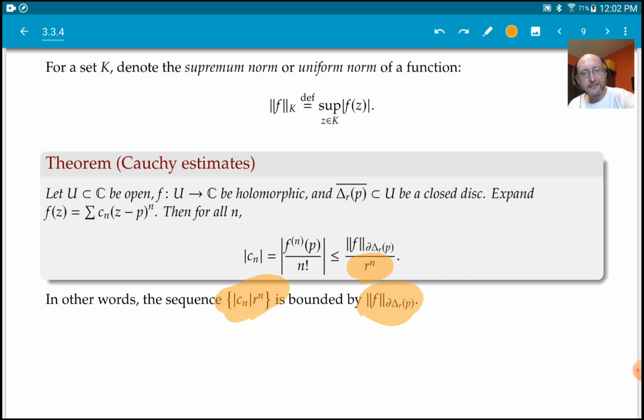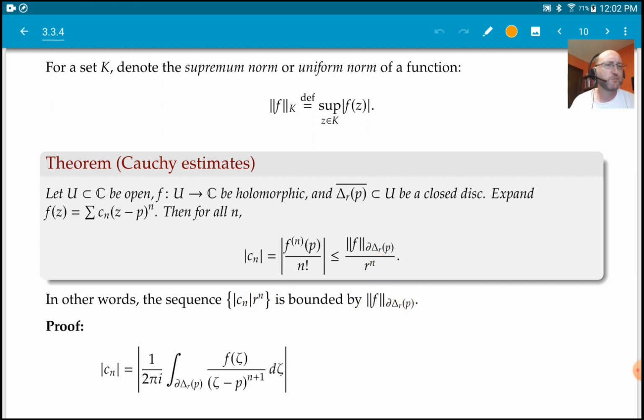So the boundedness of these sequences is what makes the power series converge. And now we see what the bound is. The bound is actually the size of f on the circle of radius r, right? So that sort of connects it to the development of the power series.